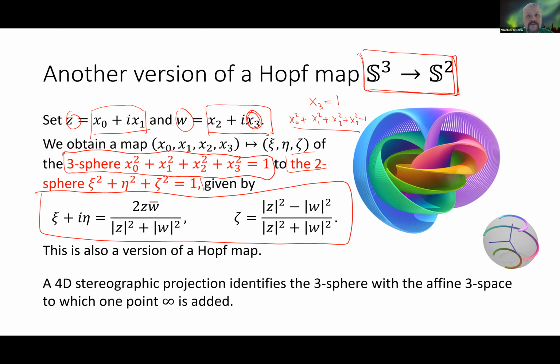So similarly to this, we can think of the three-dimensional sphere as just the usual free space plus a single point at infinity.